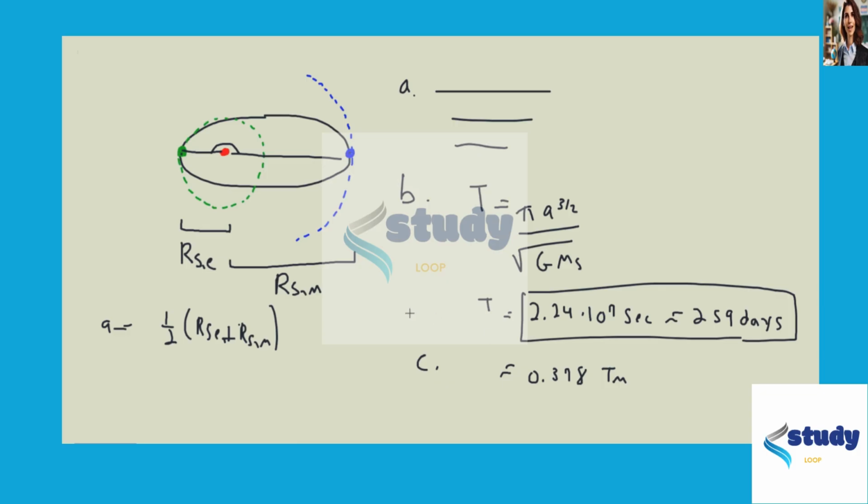During this time, we know that the spaceship needs to travel through an angle of 180 degrees. It has to do half of this orbital period; there's no way around that.